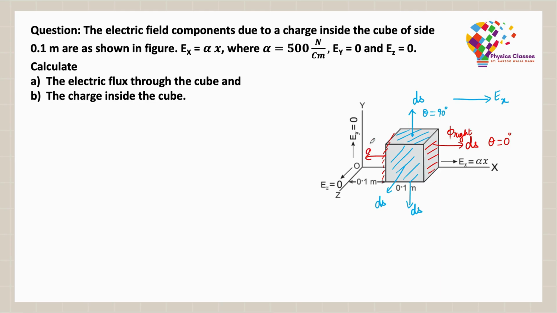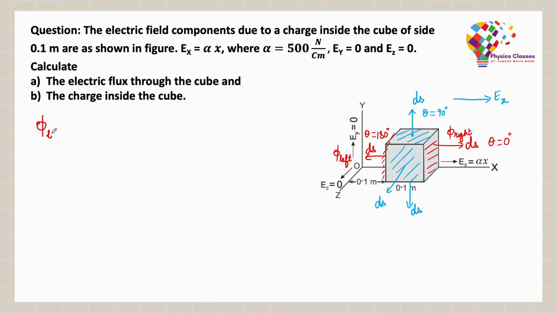This one will have the ds vector this way, and therefore its theta is going to be 180 degrees. So I can call it the flux due to the left surface. Only the left surface and the right surface contribute, because for all others the area vector is perpendicular to the electric field and hence the flux through them would be 0.